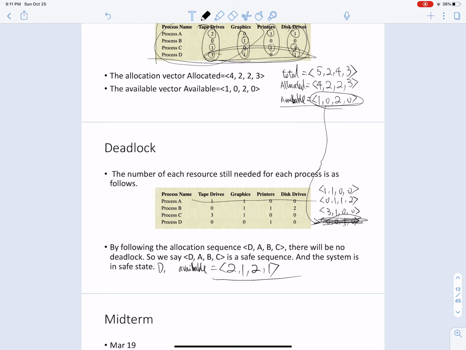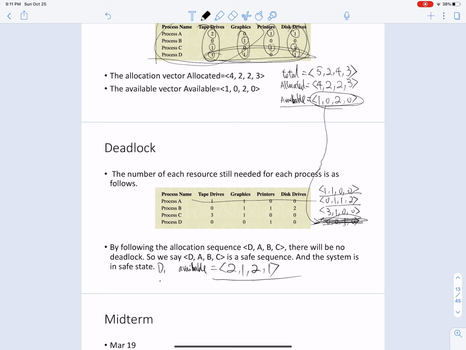With 2, 1, 2, 1, let's look at which process we are able to satisfy. Any value in 2, 1, 2, 1 is larger than or equal to 1, 1, 0, 0 and 0, 1, 1, 2. So we are able to satisfy the need from either process A or process B.